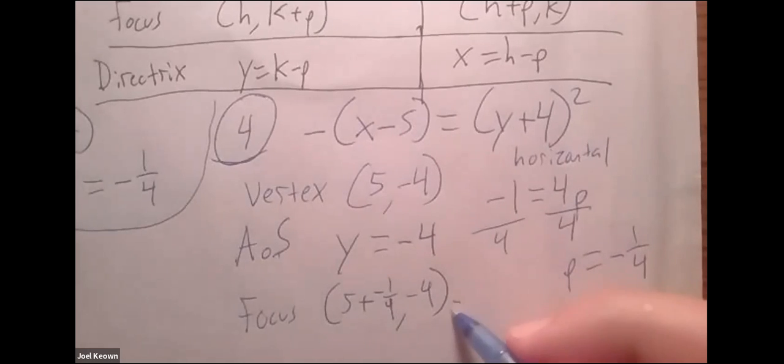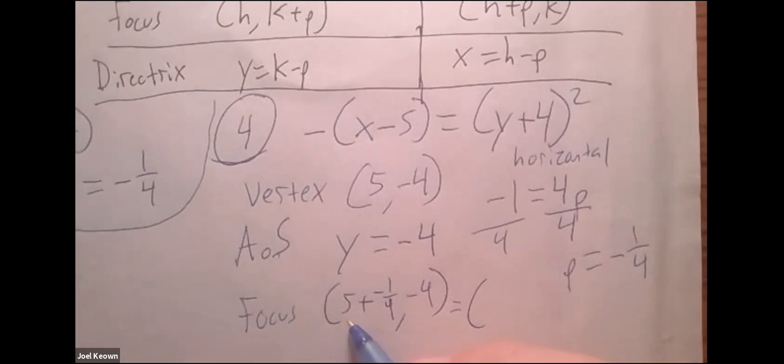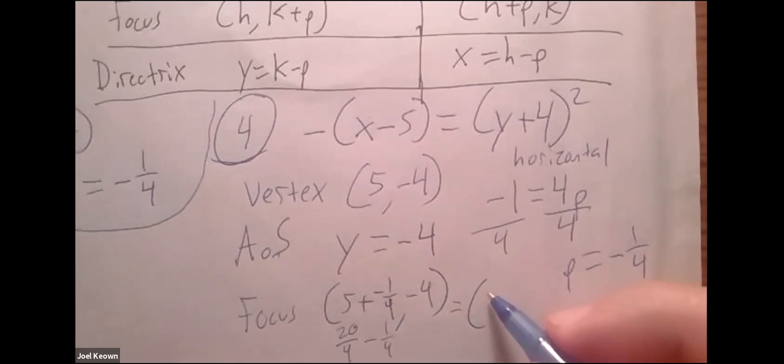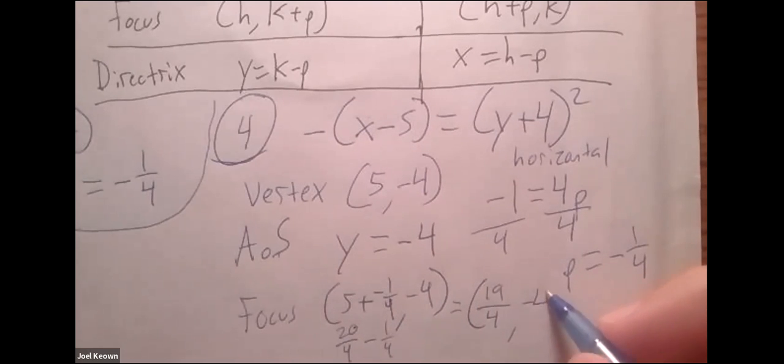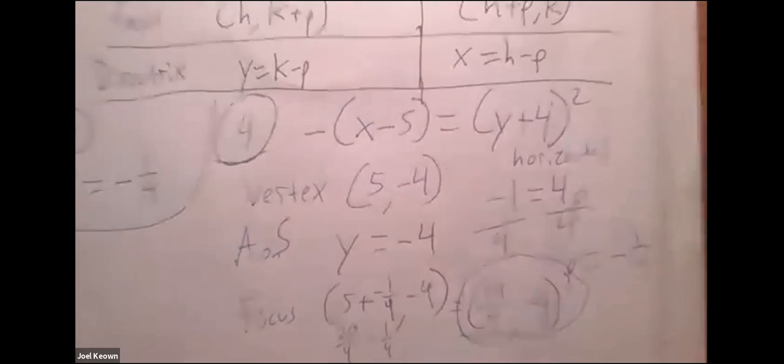I'm going to say that 5 is the same thing as, well, let's see, 5 times 4 is 20, so 20 over 4. 20 over 4 minus 1 over 4 is 19 over 4, and the y value is negative 4. Okay.